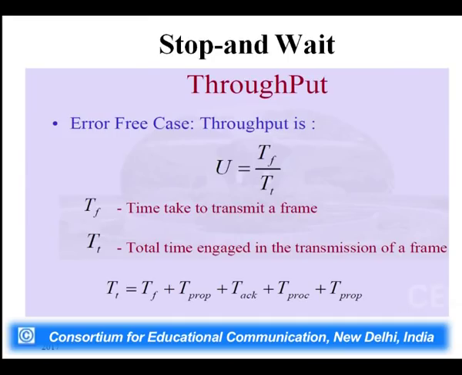That is the total time taken by a frame. The actual time the frame should have taken is Tf, putting the frame bit by bit on the medium. So, that ratio Tf by Tt is called utilization. So this is how it is.